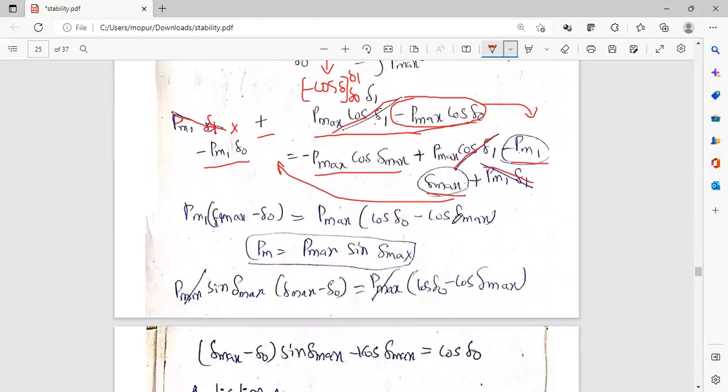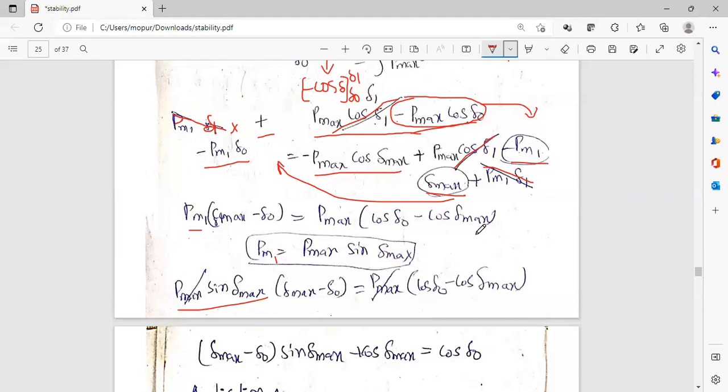Now from this what can we write? PM1 into del max minus del naught is equal to P max into cos del naught minus cos del max. Now we know that PM is equal to P max sin del max. So I am replacing this PM1 as P max sin del max. Why?